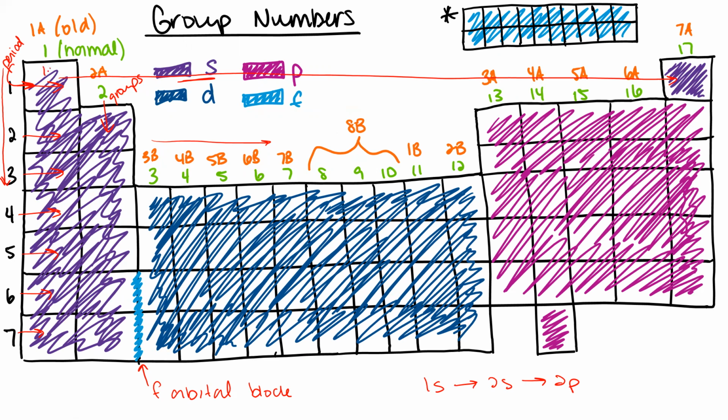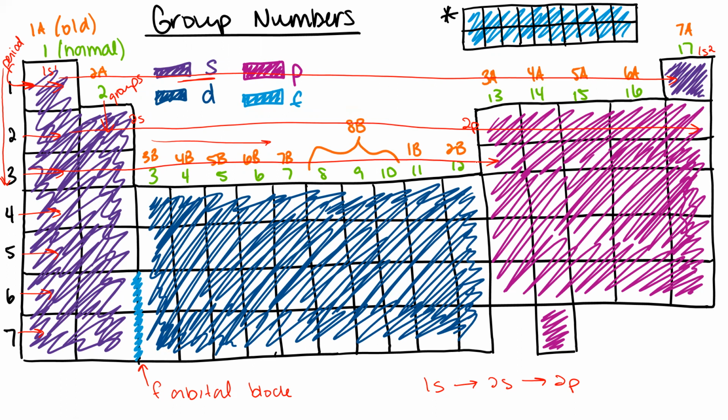This is 1s1, 1s2, and this is the second energy level. So we're going to fill across the entire energy level first before we move down, which means that we fill our 2s right here, and then we're going to fill all of our 2p. And then we get to the 3rd energy level and we fill across.